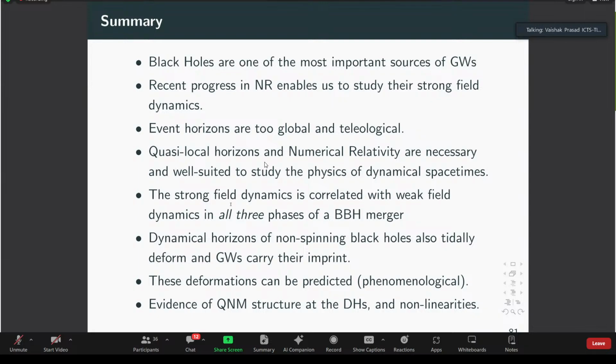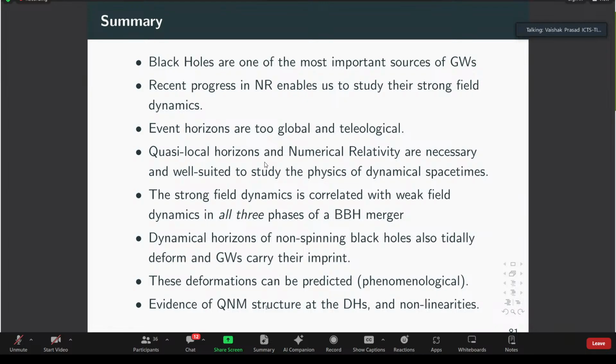So we could think of probing the strong field dynamics and possibly doing tests of GR. And importantly, non-spinning black holes also tidally deform, and gravitational waves from such systems can carry their imprint. These deformations can be predicted using phenomenological relations. So the multipole moments could be computed using the news, because of the correlations, using certain phenomenological relations we have.